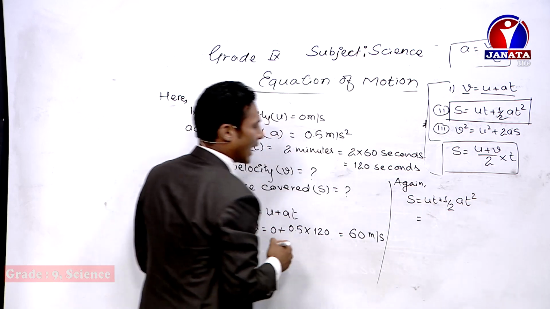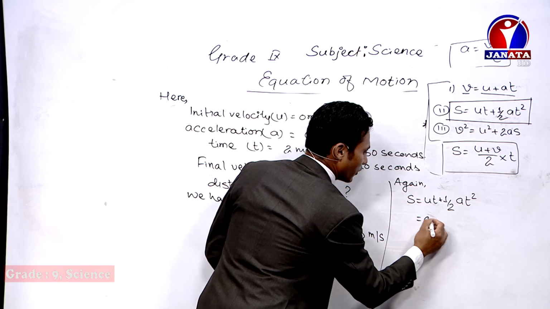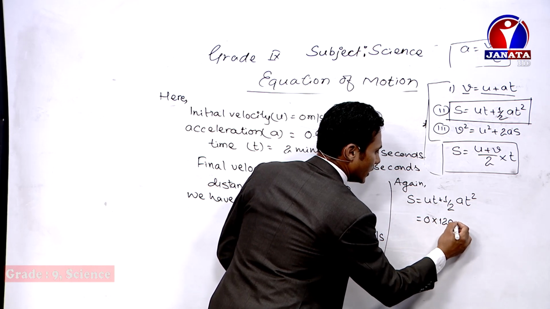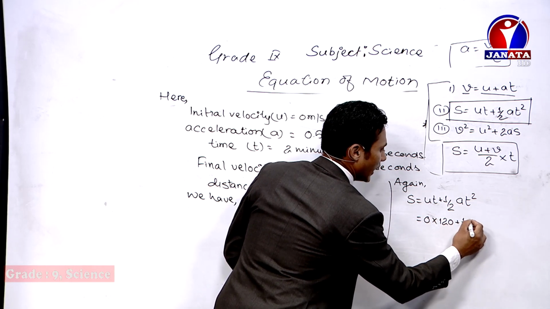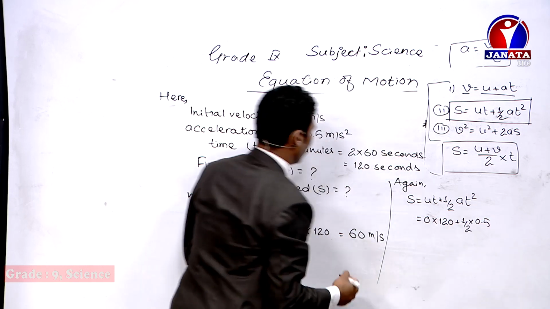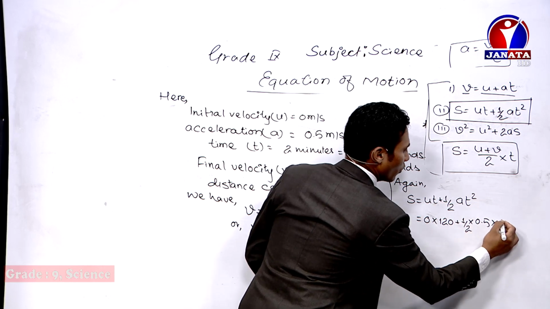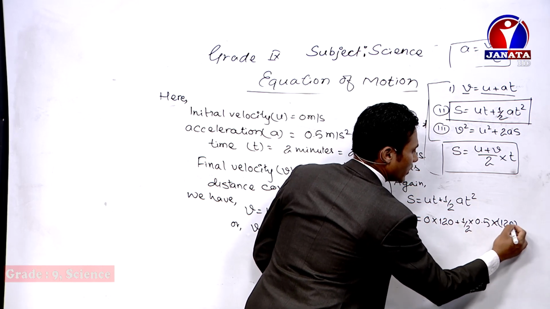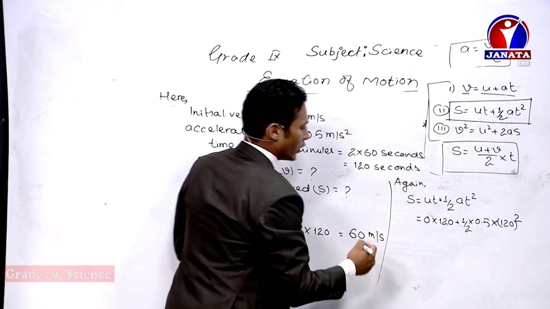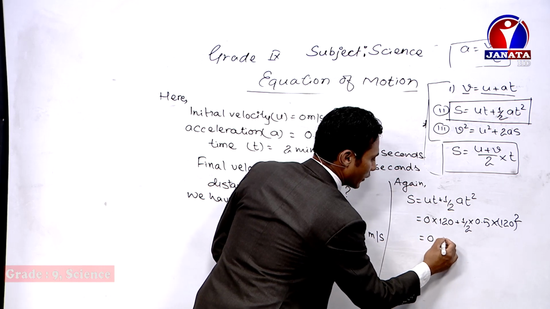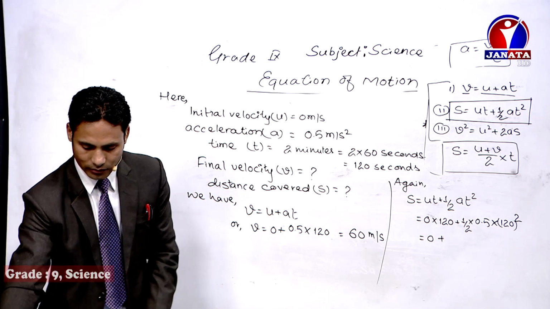Right? S we need to calculate. U is 0, time is 120, plus 1 by 2, a is 0.5, and t is 120 squared.